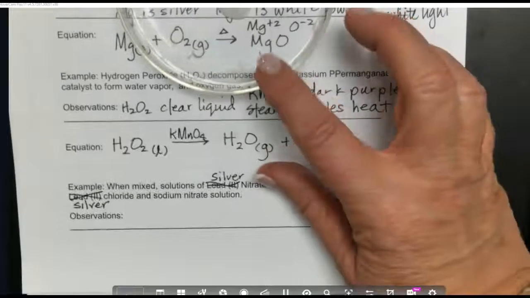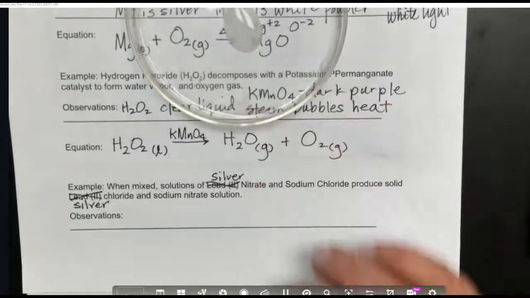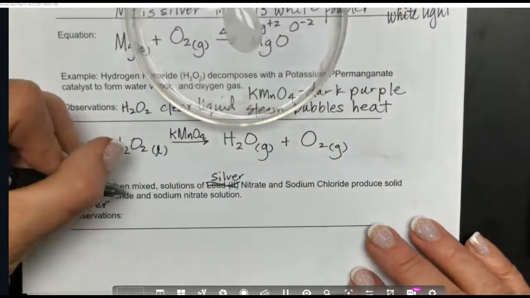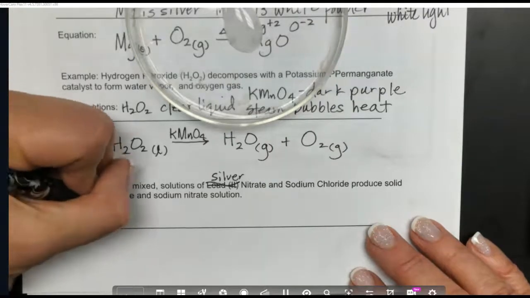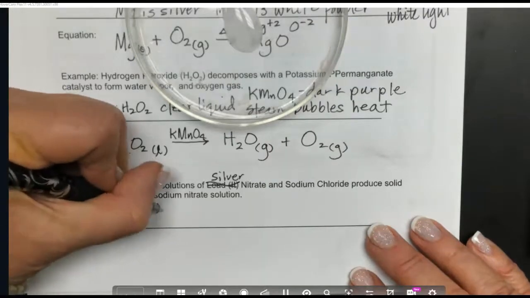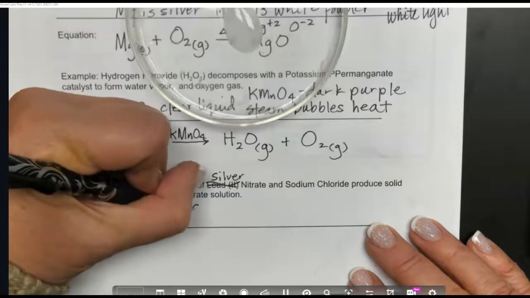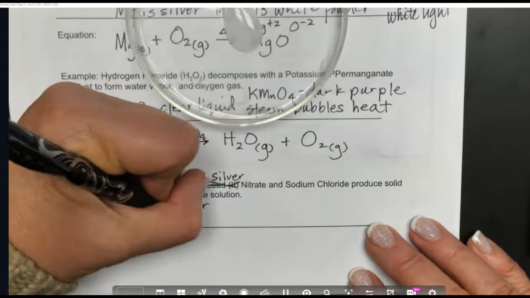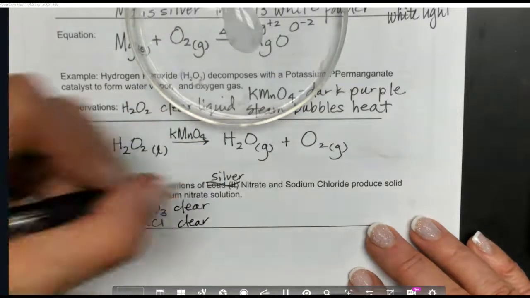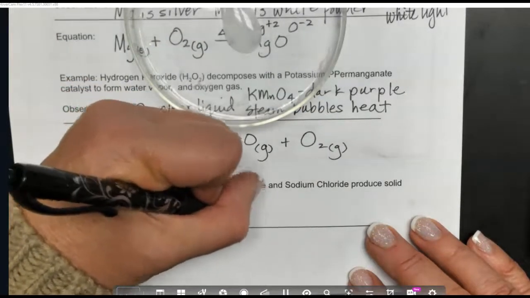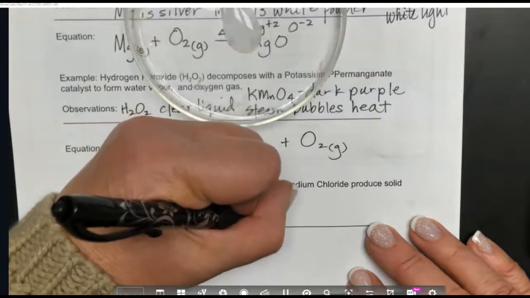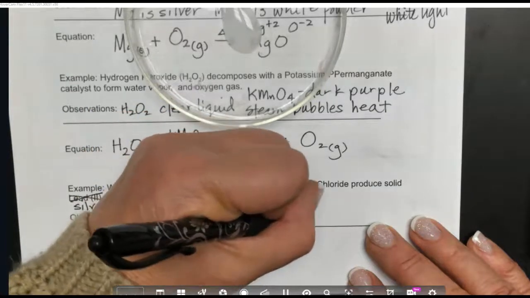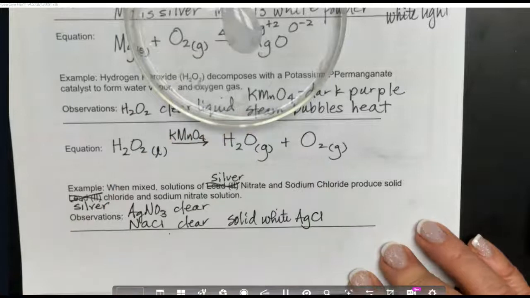Okay, so what we just saw was that our silver nitrate, AgNO3, was a clear solution, and sodium chloride was a clear solution, and we produced a solid that was white, and as I told you, that was silver chloride.